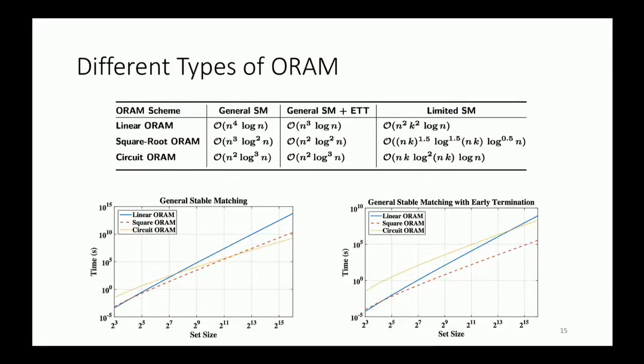The limited stable matching is when the preference list for each person is limited to a constant number like 20, whereas we can have like 1,000 people in each set size. And as you can see, linear ORAM is better up to a certain point than both ORAMs, after which square root ORAM comes in and outperforms MUX up to a certain point, which is around 4,000 people. And after that, circuit ORAM outperforms all of those solutions.